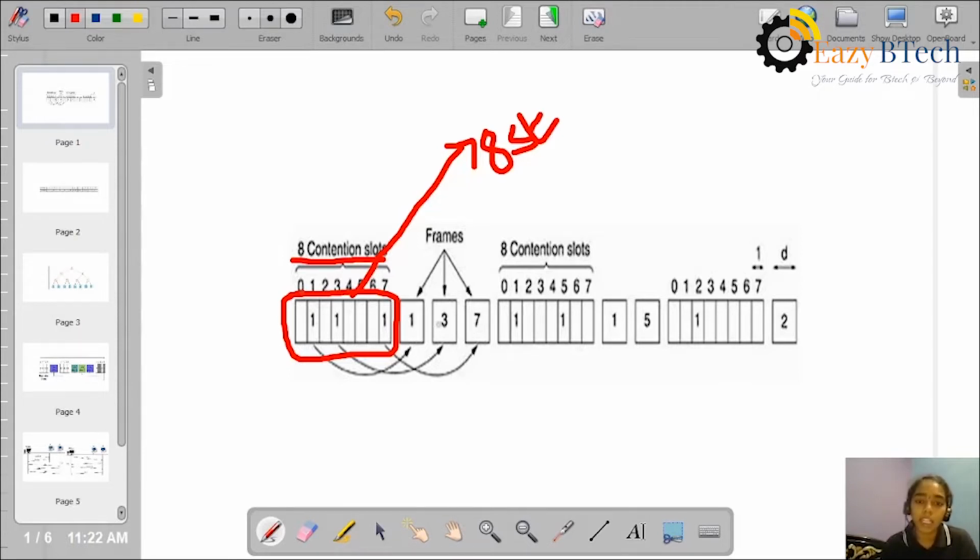In the first period, station 1, station 3, and station 7 want to send data frames. While communicating, a corresponding bit is given to each of these stations: bit 1 for station 1, and likewise for station 3 and station 7, because they want to communicate.